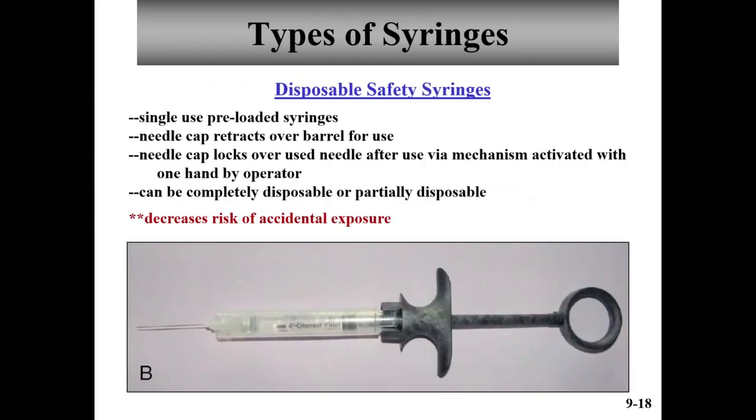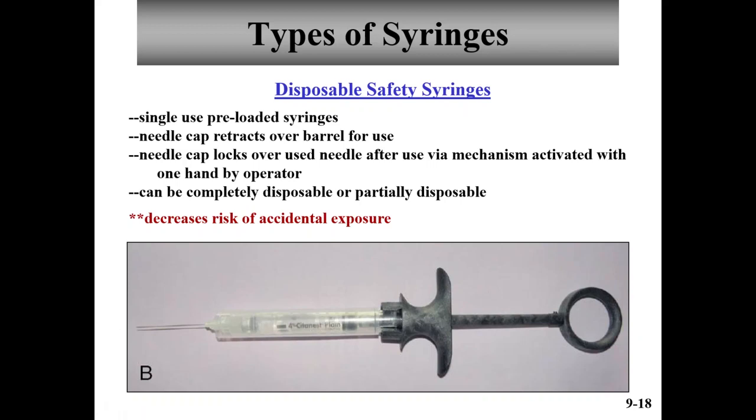And then this is what disposable safety syringes look like. They're preloaded. The needles are covered, and when you get ready to use it, the needle cap retracts over the barrel, and then once you've used it, that needle cap pops back up and shields the needle. It decreases the risk of accidental exposure.